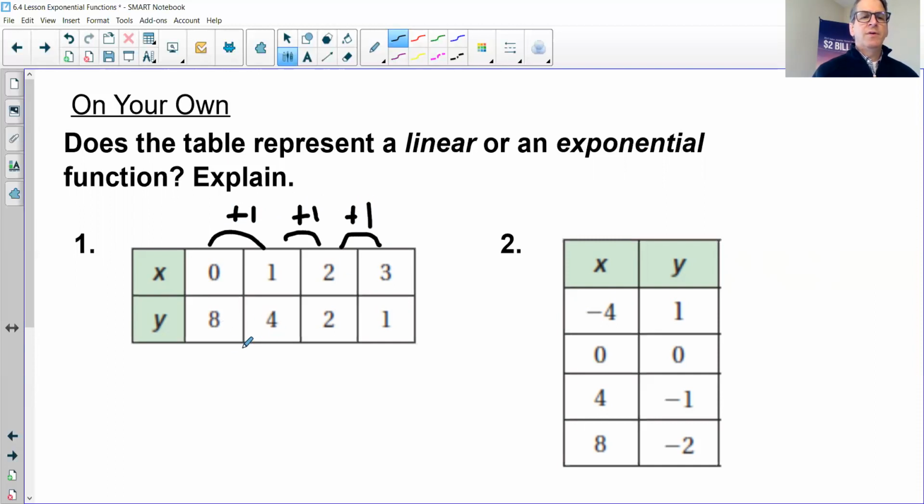Go from 8 to 4, or times 1/2, times 1/2, and times 1/2. So the table for number 1 on your own would be exponential.